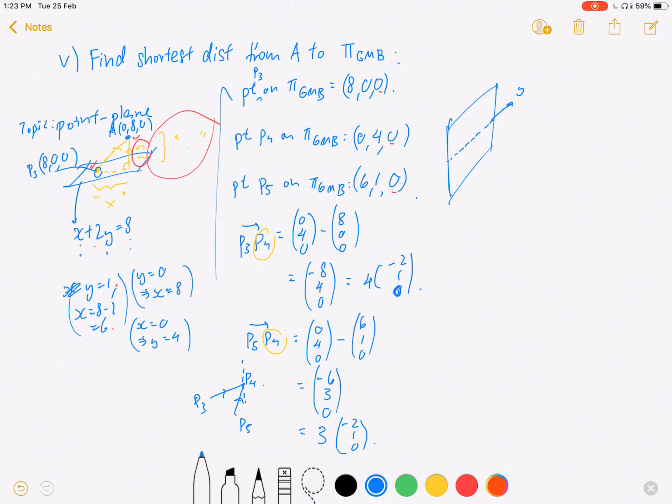If z equals 0 here, that means all these points that I'm choosing, P3, P4, P5, are somewhere here, then they are collinear. Collinear means parallel, as seen in here.